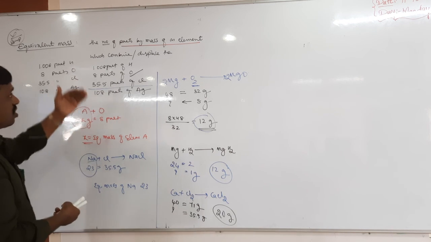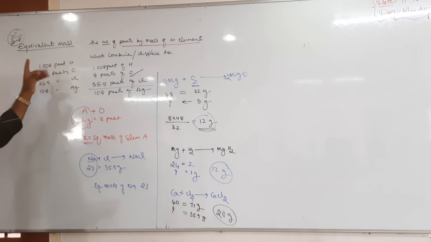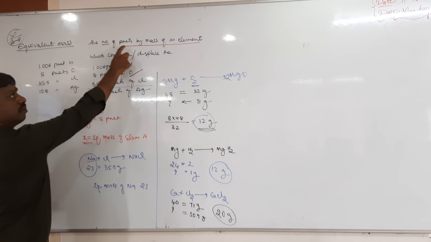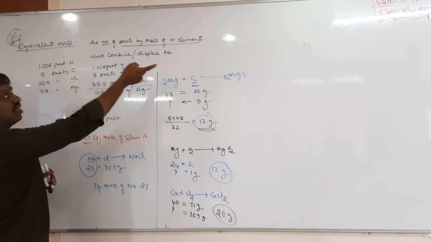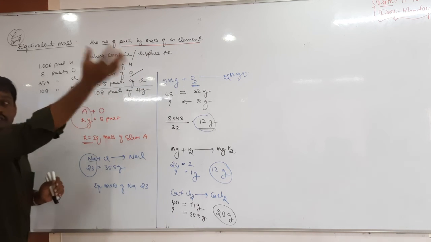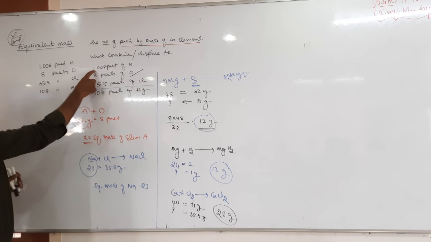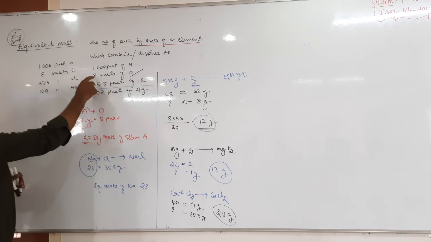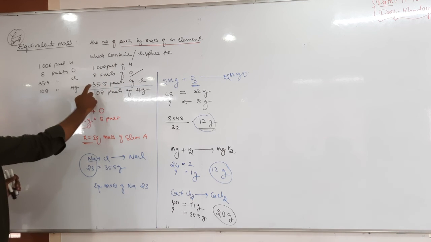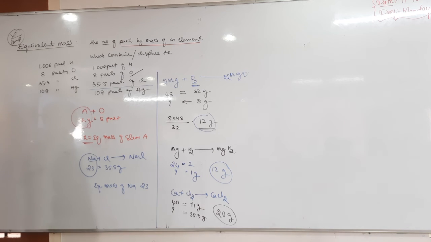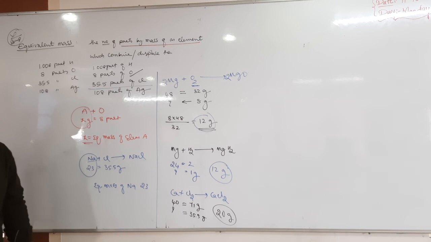So what is the definition of equivalent mass? The number of parts by mass of an element which combine or displace 1.008 parts of hydrogen, or 8 parts of oxygen, 35.5 parts of chlorine, or 108 parts of silver, is called equivalent mass.